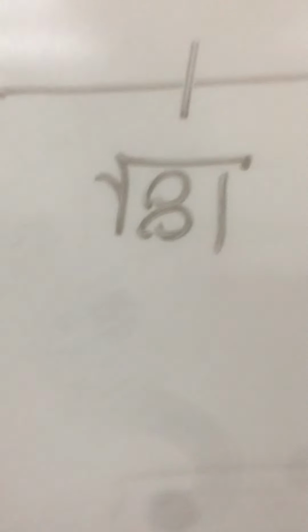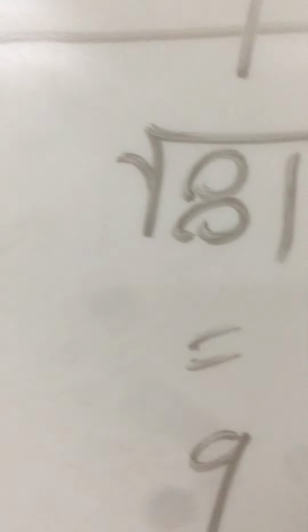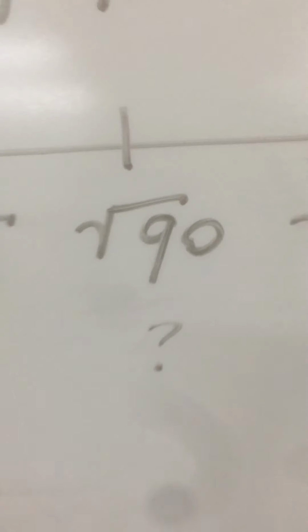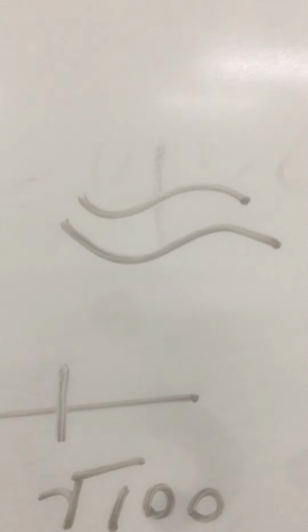The square root of 81 we know is 9. The square root of 90, okay, we don't know yet, question mark. We know the square root of 100, that's just 10. So really the square root of 90 is between 9 and 10. It's an approximate, not an equal to.